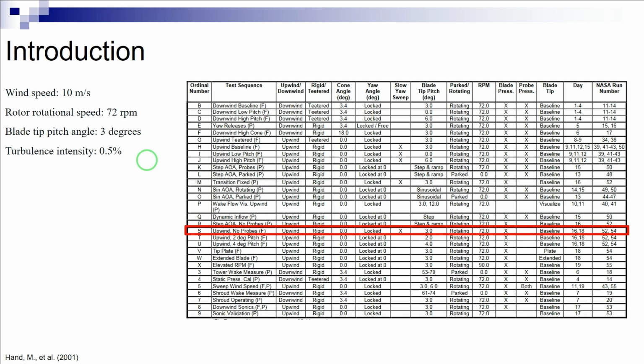Note that for this specific wind turbine rotor, the wind speed of 10 meters per second is associated with the onset of stall, where the turbulent flow around the blades is highly unstable. As a result, this wind speed has proven to be the most problematic condition for the turbulence models to represent correctly.